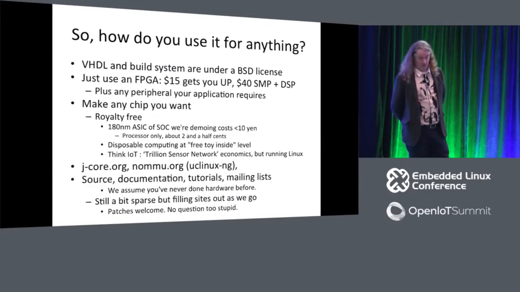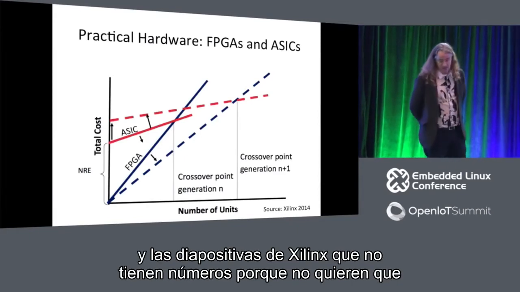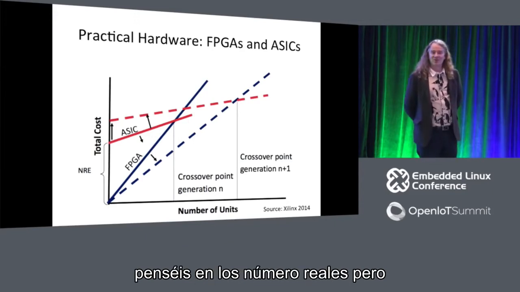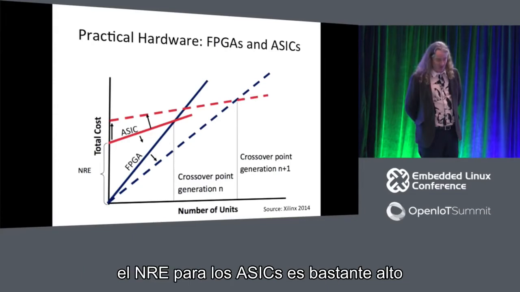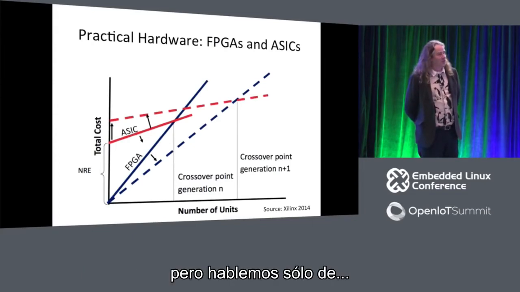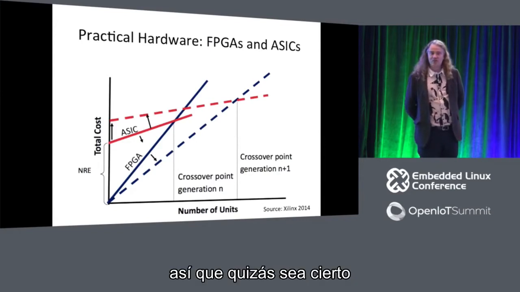And here's the economics of it. This slide's from Xilinx, and so there are no numbers because they don't want you to think about the actual numbers, right? But basically what this slide says is the NRE for ASICs is pretty high, and you should use our FPGAs. But we've just talked about $25,000 for masks, so maybe it isn't true.